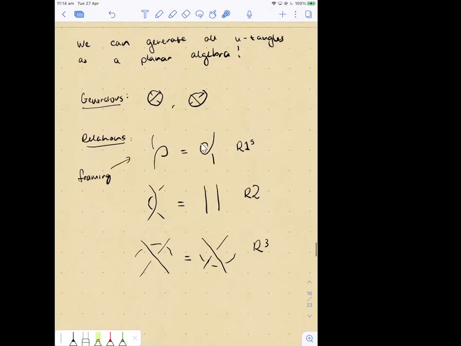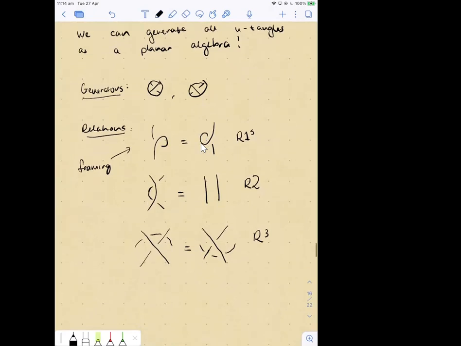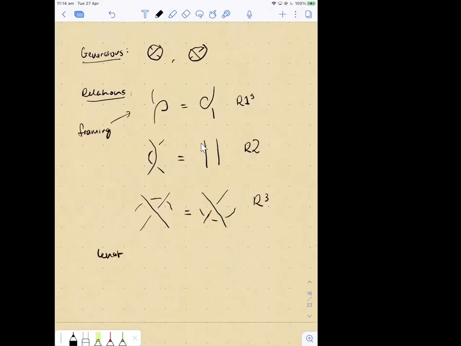So this generates all usual tangles, and we can contain in here all knots, all braids. And what's useful here is that this is a finitely generated algebra, which makes it a lot easier to generate knot invariants.